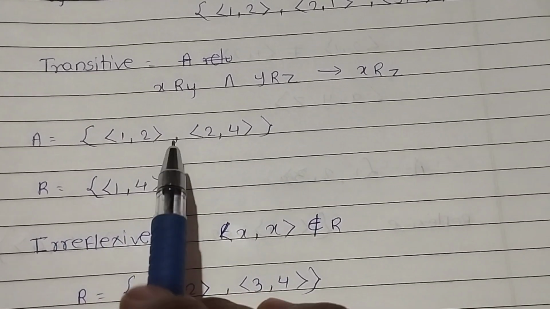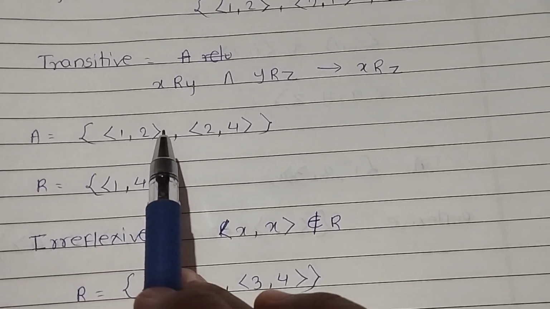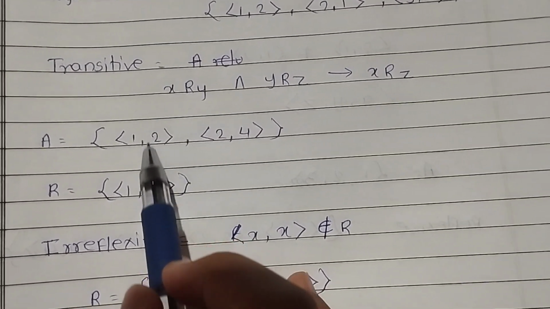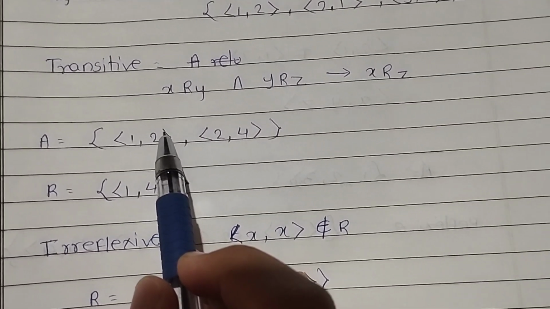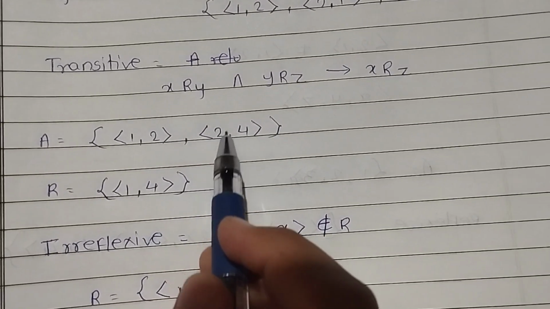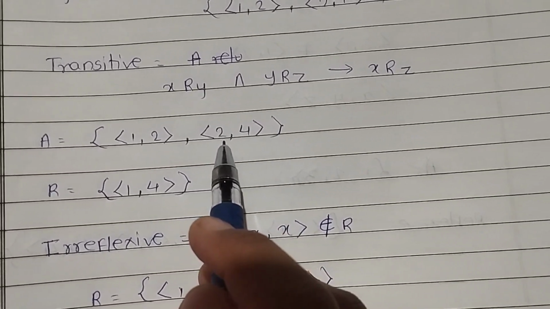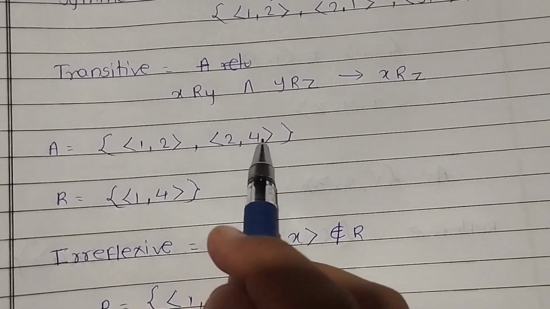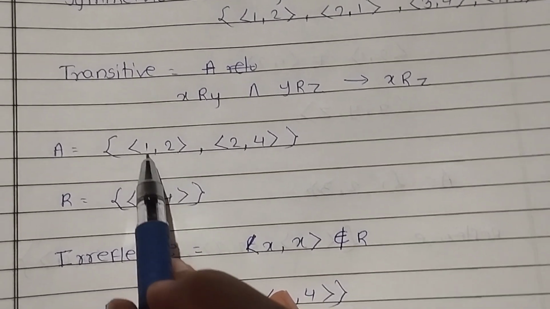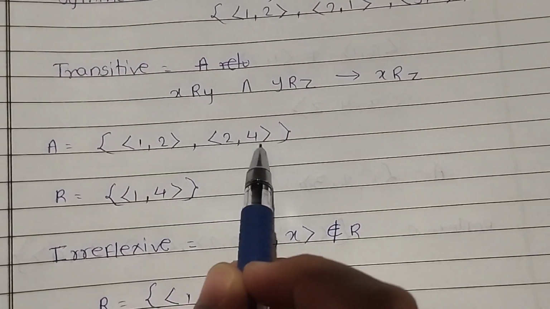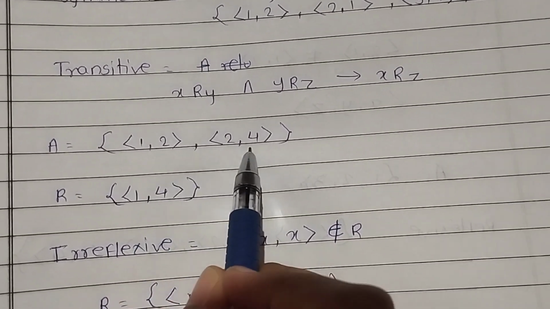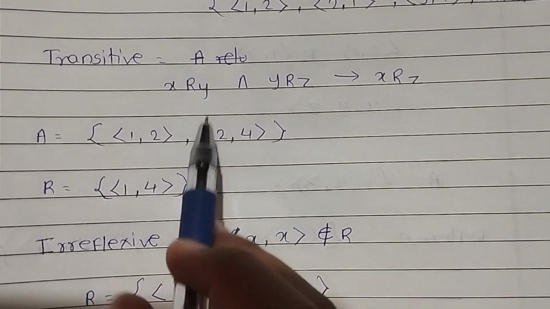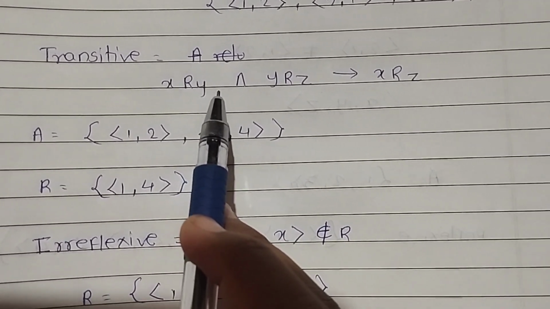Here in this set, 1 and 2, and 2 and 4: the second element of the first ordered pair and the first element of the second ordered pair are the same, so 1 and 4 must be present. That is x and y, y and z, then write x and z. This is the transitive set. I hope you get the idea about transitive also.